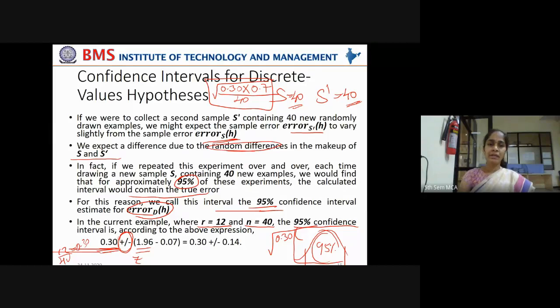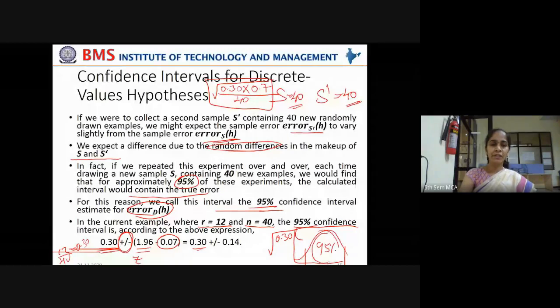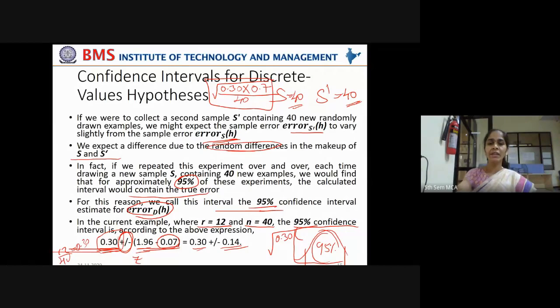So you will get 0.07 when you solve that. Okay, so it is Z times 0.07. So that will give you 0.30, this first term, plus or minus, when you simplify this, you will get 0.14.